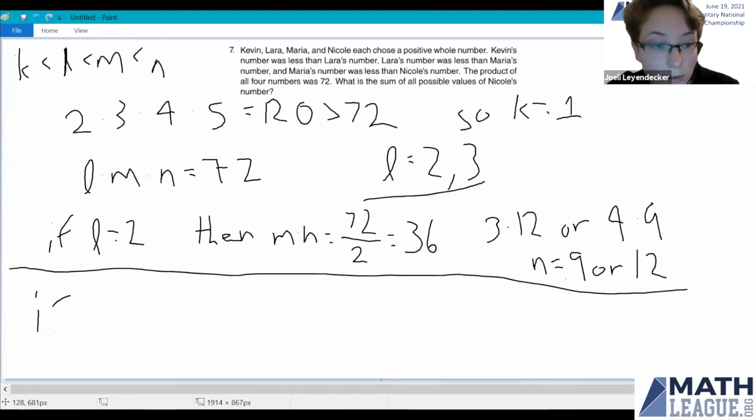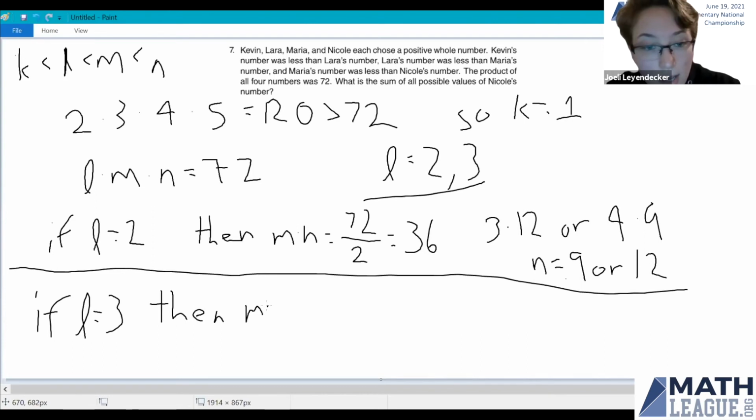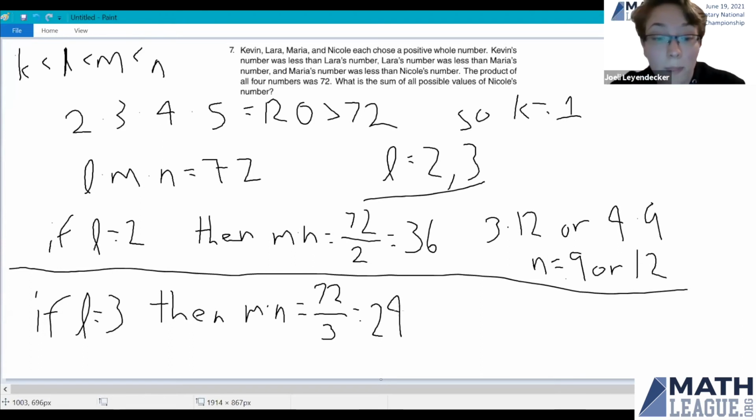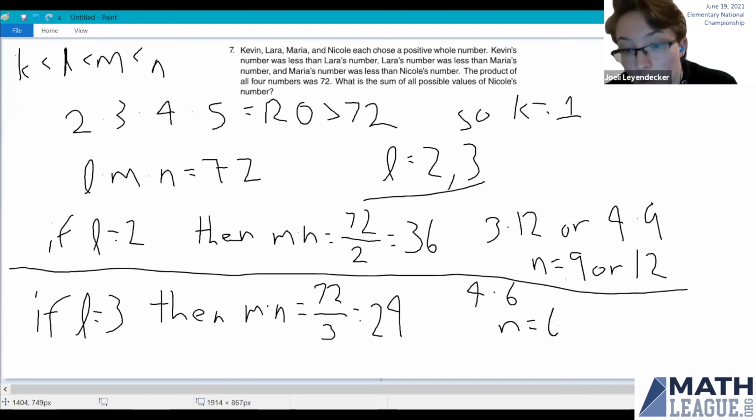Now, if L is equal to 3, then M times N is equal to 72 divided by 3, or 24. Both M and N have to be greater than 3, so the only option we find is 4 times 6, in which case N would be equal to 6.